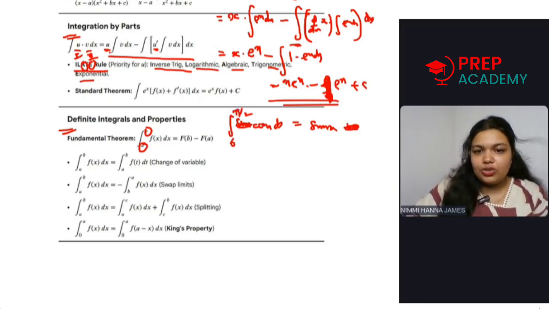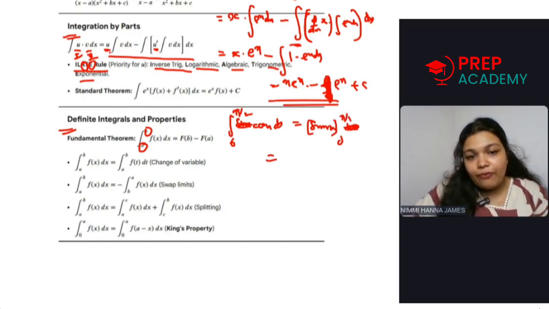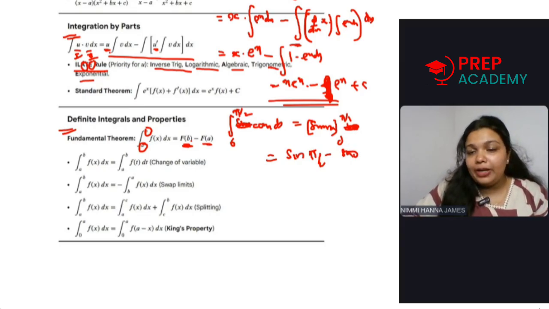We just integrate normally, cos x gives sin x, and apply the upper limit, f of b, so sin pi by 2, minus the lower limit, sin 0. Upper limit minus lower limit: sin pi by 2 minus sin 0. Sin pi by 2 is 1 and sin 0 is 0. So the answer is 1.